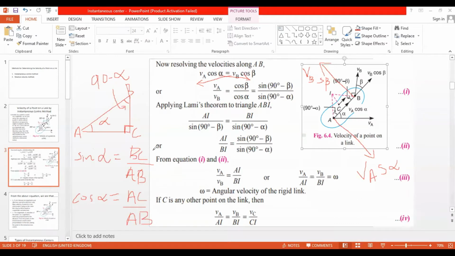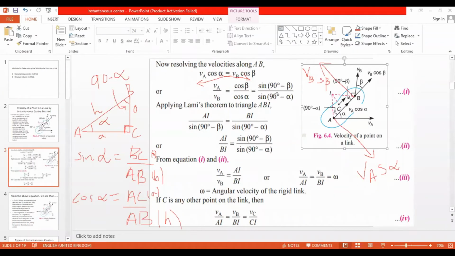So this is opposite, this is adjacent, and this is hypotenuse. AB is hypotenuse. This is how we call it, okay? For this particular angle alpha, this is hypotenuse, this is opposite, and this is adjacent side, okay?